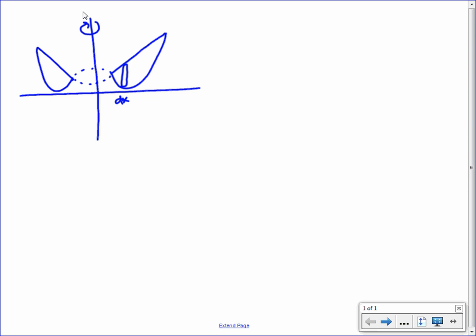We need to figure out our points of intersection. We have the graphs y equals 1/2 x and y equals (x minus 1) squared. How do I figure out where these two intersect? Set them equal to each other.